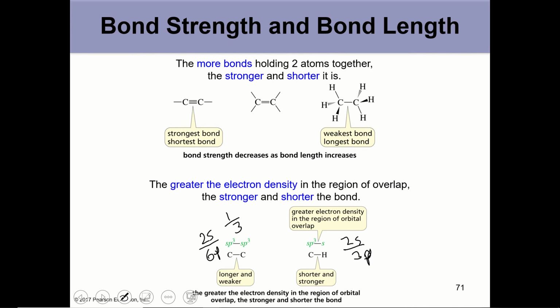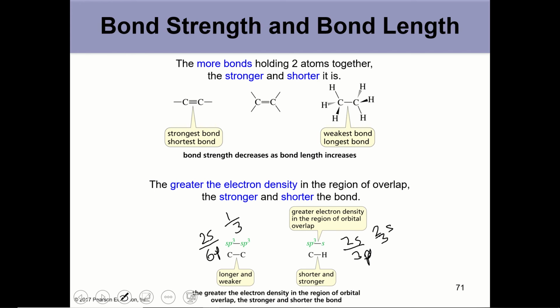And so this is relatively 67% s, 66.66% s. Okay, and so the higher the percentage of s, or the higher the ratio of s, the shorter and stronger a bond will be.